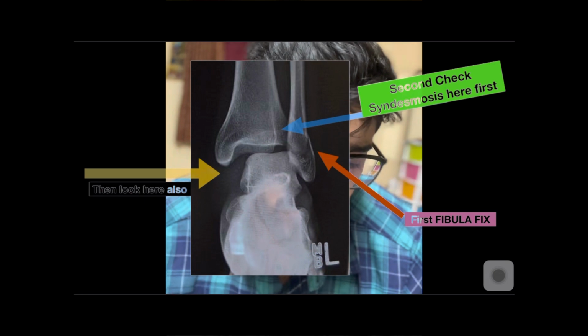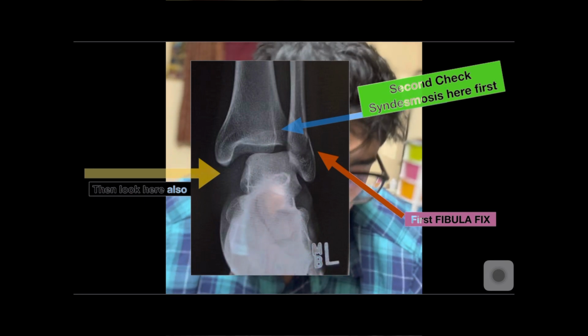In such cases, we predispose the patient to ankle arthritis if we don't do the external rotation stress test or simply the talar tilt test. After fixing everything, if we do this, we can avoid the injury. So, how do we approach?